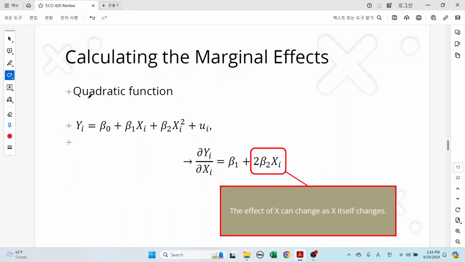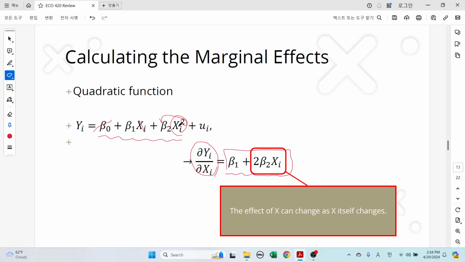Marginal effect when you have quadratic function. So this is the quadratic term x squared. When you have x squared, basically the marginal effect you are calculating is this derivative, right? So you know how to differentiate quadratic function, right? It goes away and you delete 1 here, and 2 comes in front of beta 2. So your derivative is the whole thing, not just beta 1.